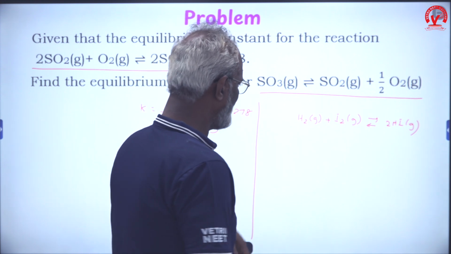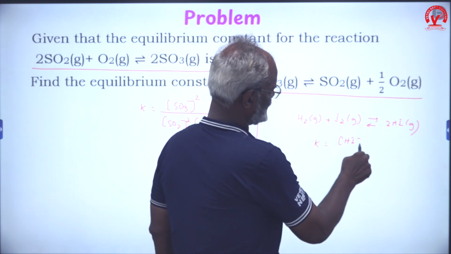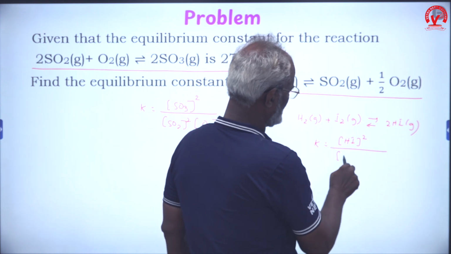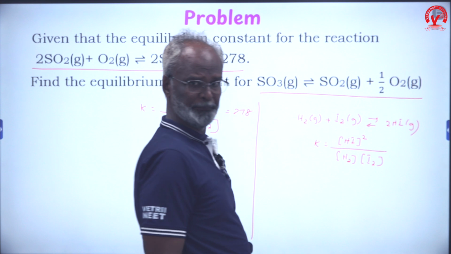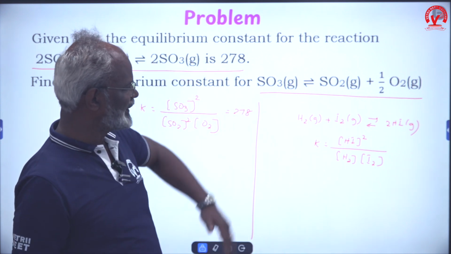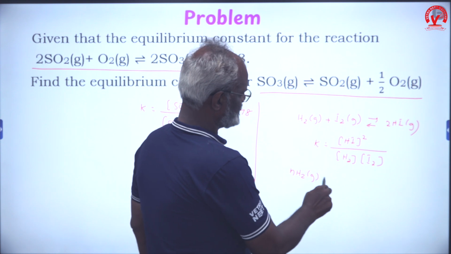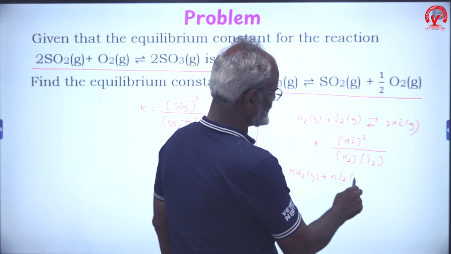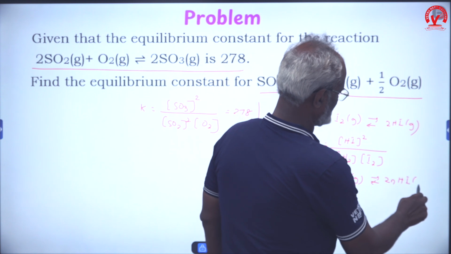Suppose for H2 gas plus I2 gas giving 2HI gas. If the K value is, K is HI square divided by H2 I2. Now if I modify this equation like this, nH2 gas plus nI2 gas reversible 2nHI gas.